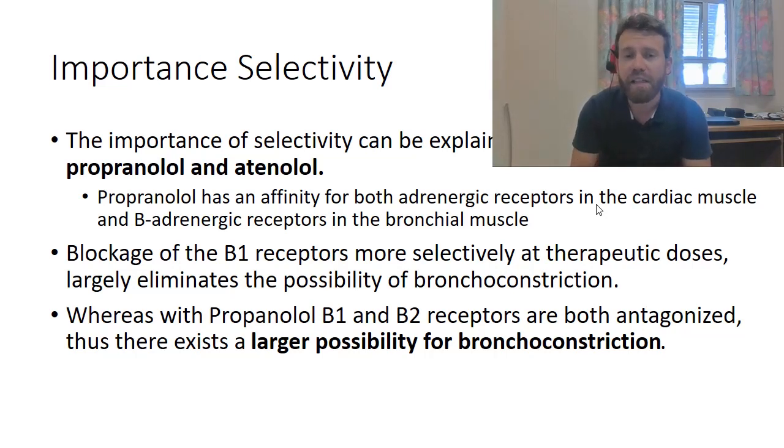If a person has high blood pressure and asthma and they take propranolol, they would inhibit the beta-2 receptors in the lungs. You know that asthma pump that people take? That asthma pump actually contains salbutamol, which is a beta-2 agonist. So if we inhibit the beta-2 receptors, we can actually get a bronchospasm where the chest tightens.